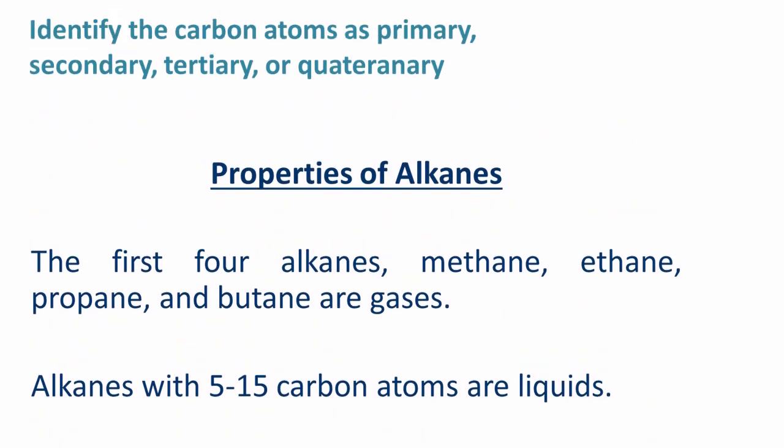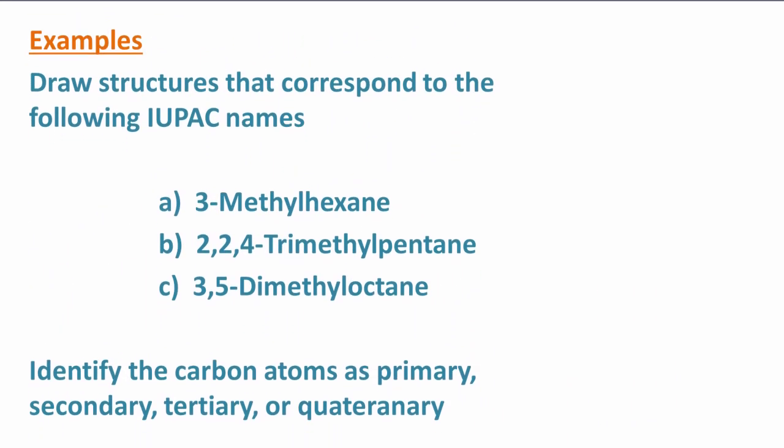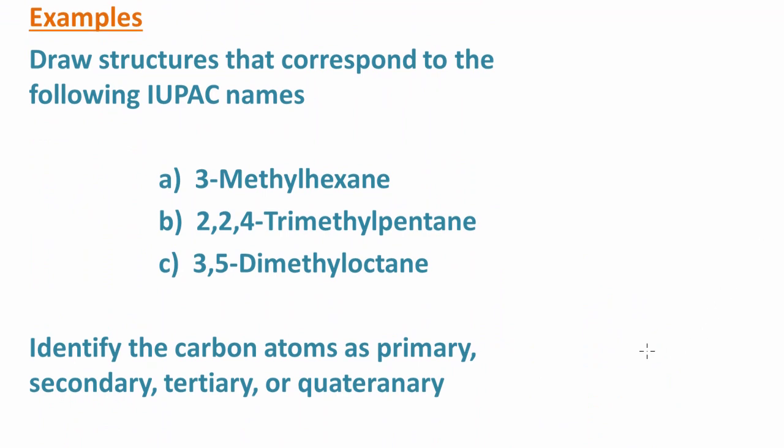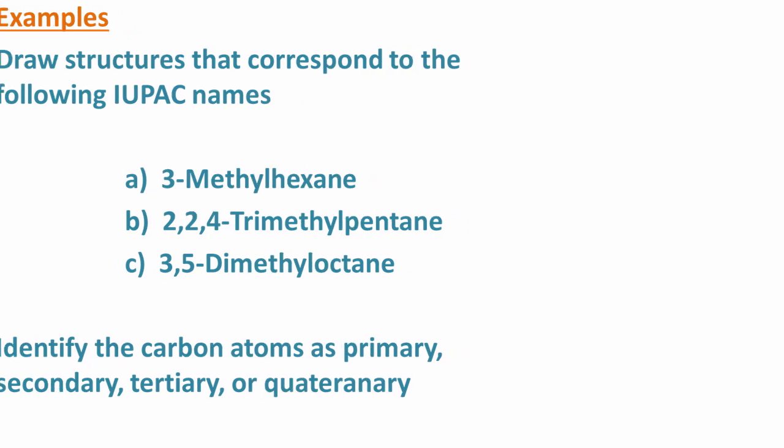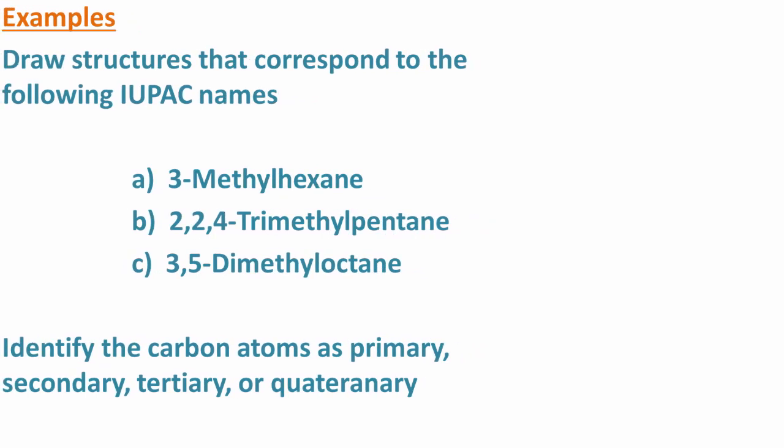Now, what we're going to do is draw some structures here. Actually, that's probably easier than naming them. So we're going to draw structures that correspond to 3-methylhexane. So I have a 6-carbon chain. That's my parent chain.